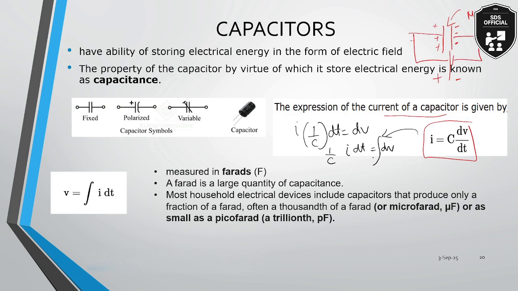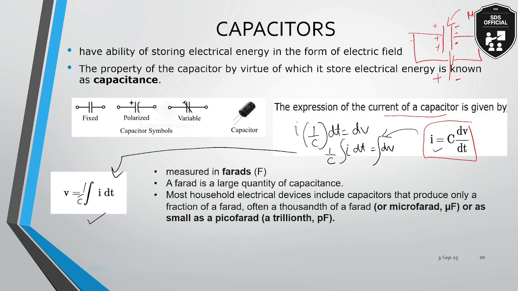When we integrate on both sides, the expression becomes V is equal to 1 by C integral of I dt. So we can find the expression for current and the expression for voltage of a capacitor by using these formulas. Is that clear?